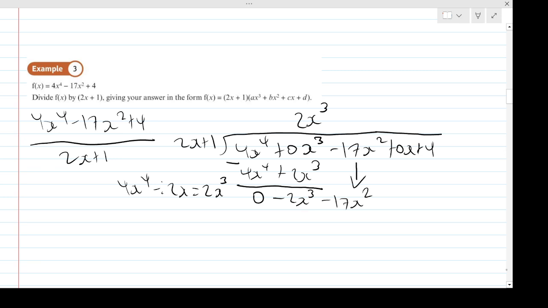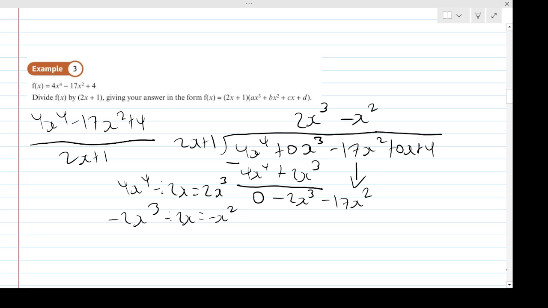So what's the new highest power? It's minus 2x cubed. I divide minus 2x cubed by the highest power outside, 2x, and that's minus x squared. I write minus x squared in the x squared column.